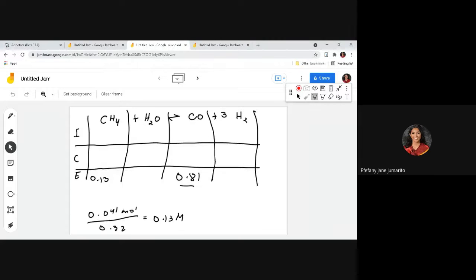Now let's go back to our ICE table. At equilibrium, let's fill in.